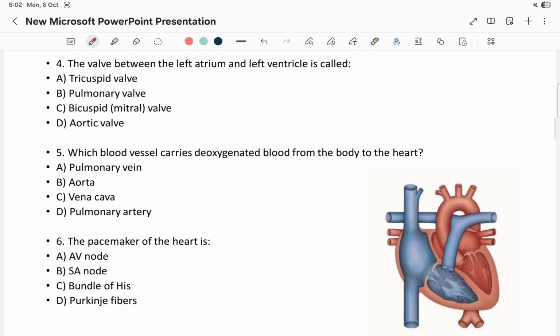Question number 4. The valve between the left atrium and left ventricle is called. I have mentioned this in the previous slide. Now let us discuss the valves again.